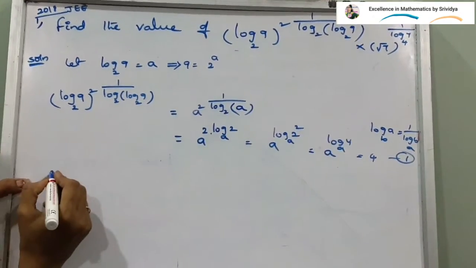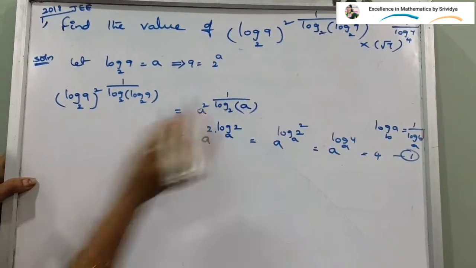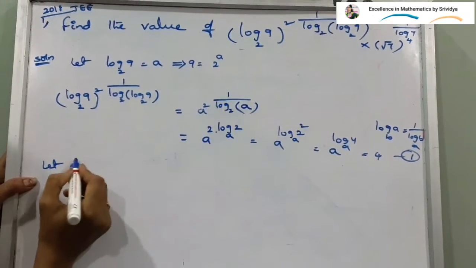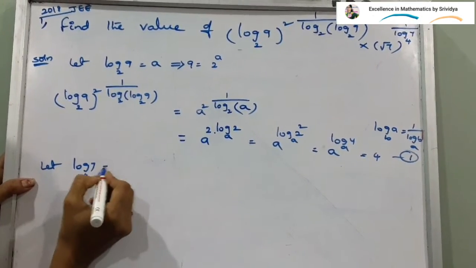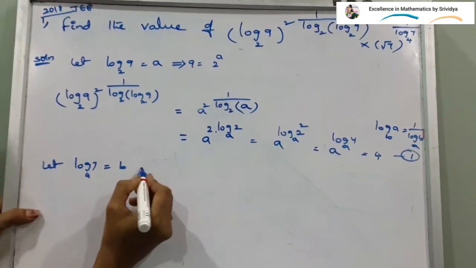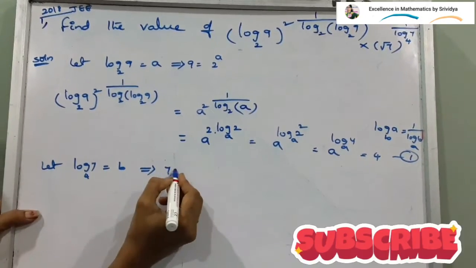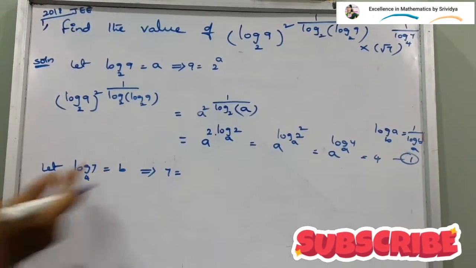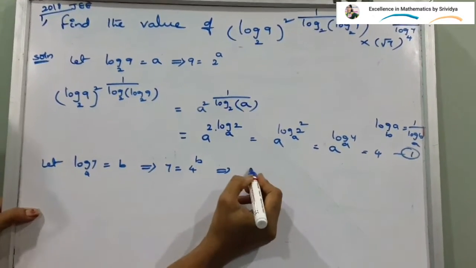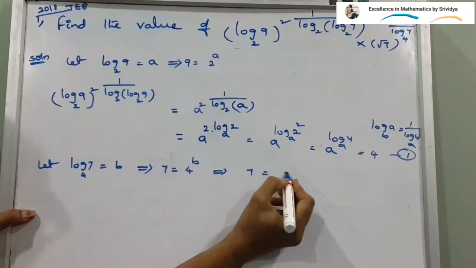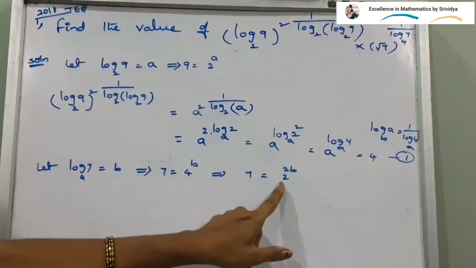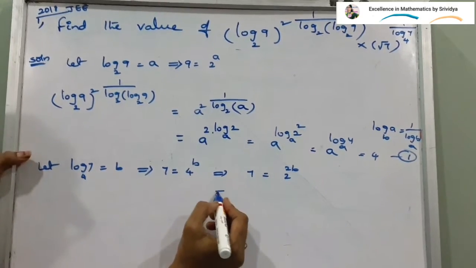Now second function is root 7 whole power 1 by log 7 base 4. Now here let us take log 7 base 4 is equal to constant b. From this, converted into exponential form, 7 is equal to 4 power b, which implies 7 is equal to 2 power 2b, because 4 can be written as 2 square, whole power b will be 2 power 2b.